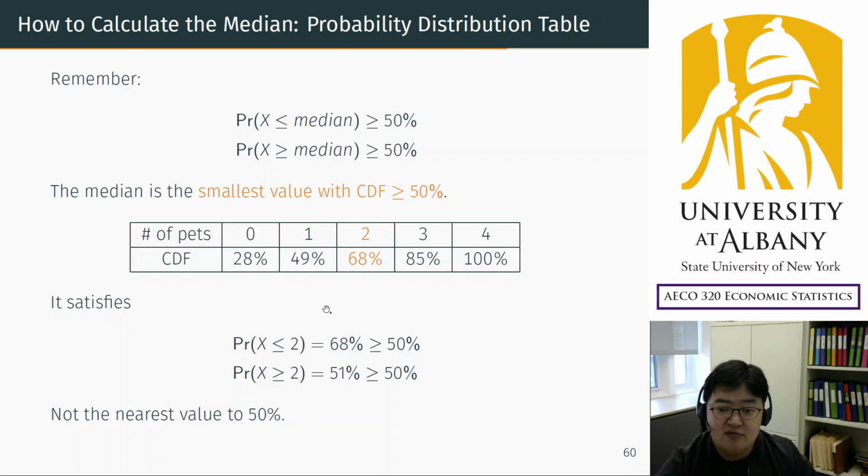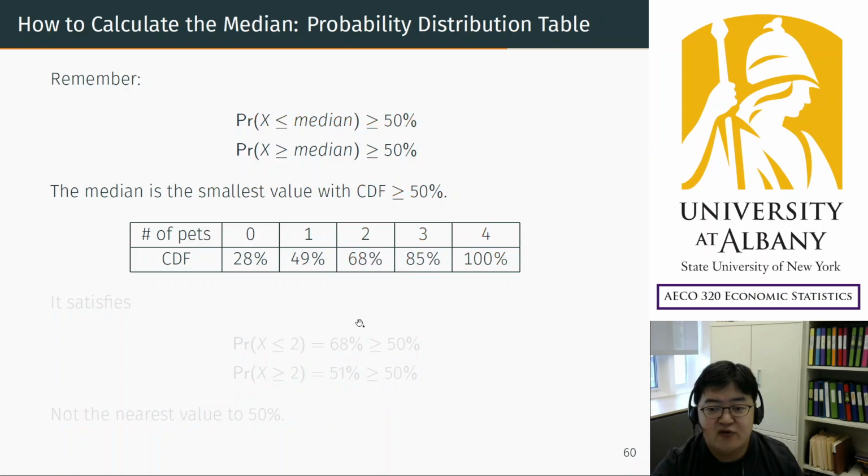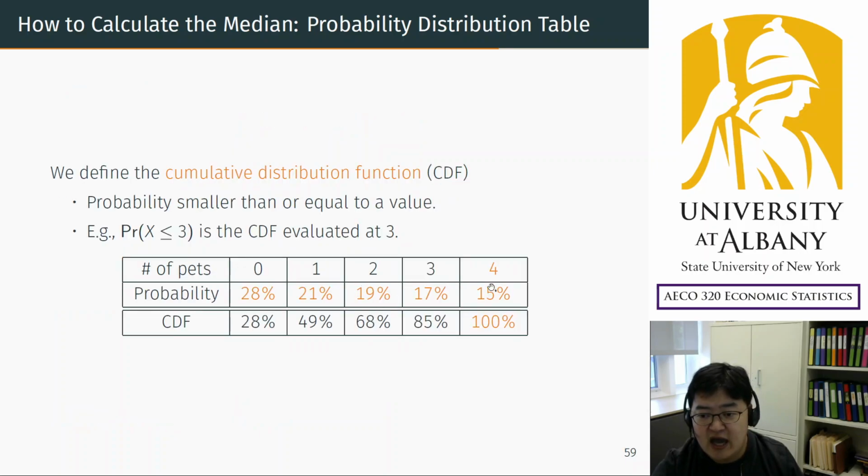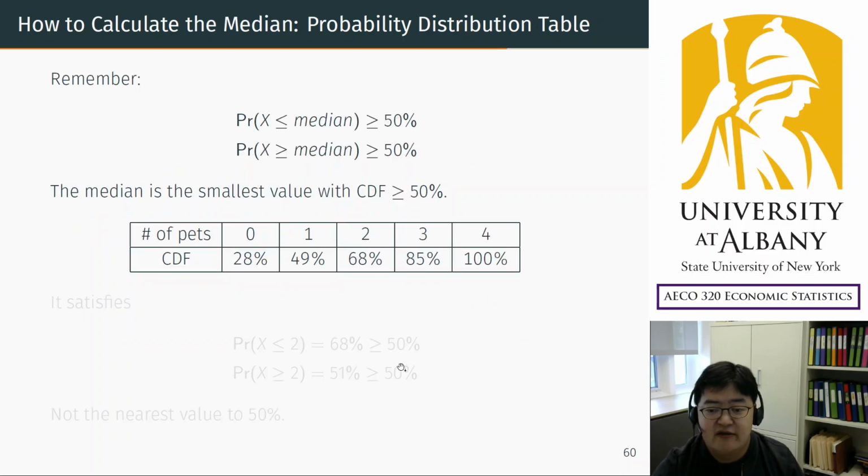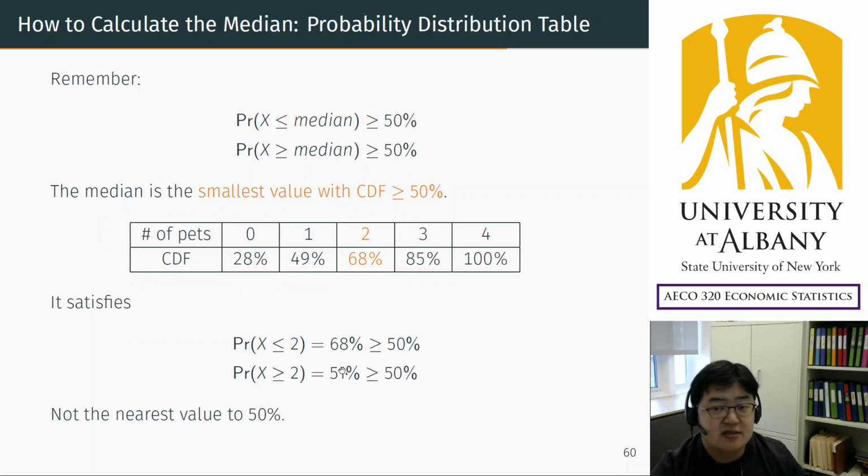2 is the median. Now, you can see this. The probability of being smaller than or equal to 2 is 68%, which is greater than 50%. And if you calculate the probability of being greater than or equal to 2, adding these three probabilities, you will get 51%, which is also greater than 50%.